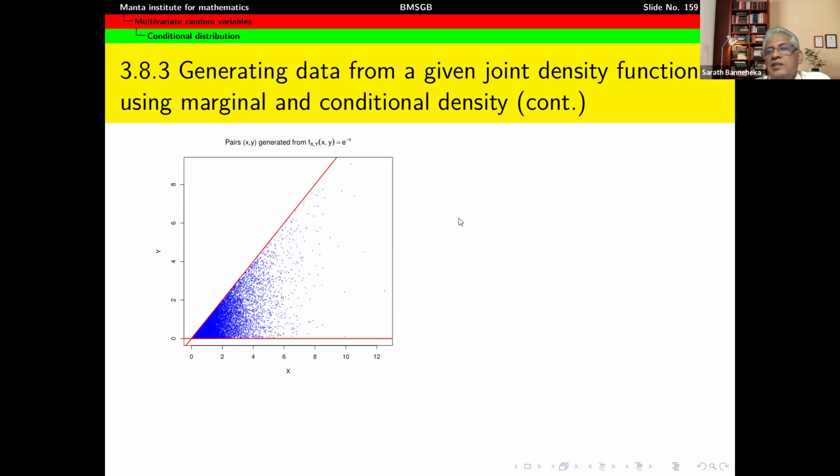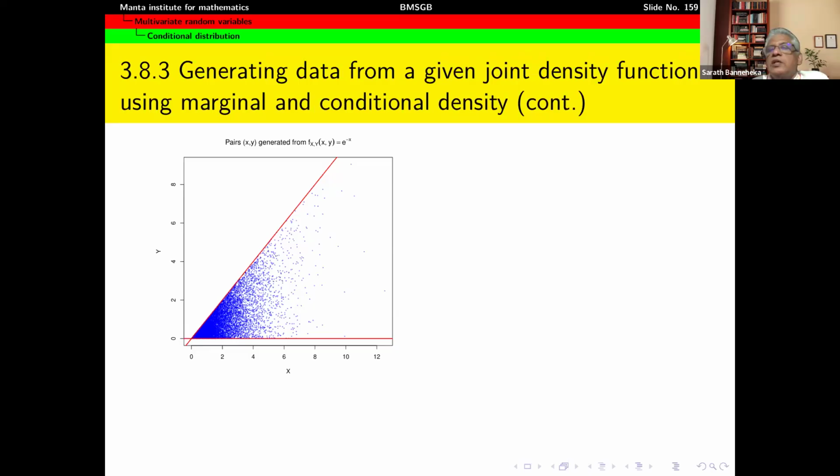So that is one way that we can use to generate data from a bivariate distribution with a given joint density. Right. So first generate the data from the marginal distribution of x, and then generate the data from the conditional distribution of y given x. Of course, you can do it the other way also.